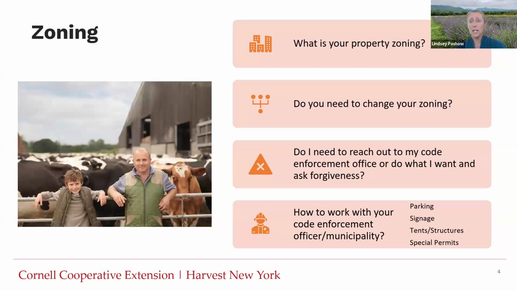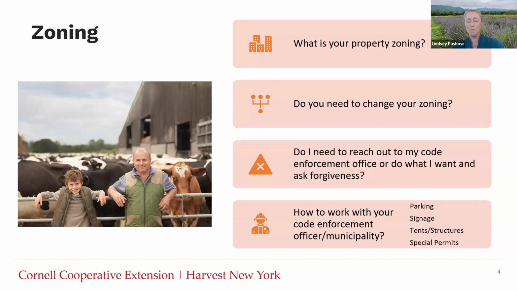The big thing, under that zoning, is how to handle what you want to do on the property. Do you need to ask your code enforcement officer what you're allowed to do, or do you just go with the idea of, I'm just going to do whatever I want and ask for forgiveness?